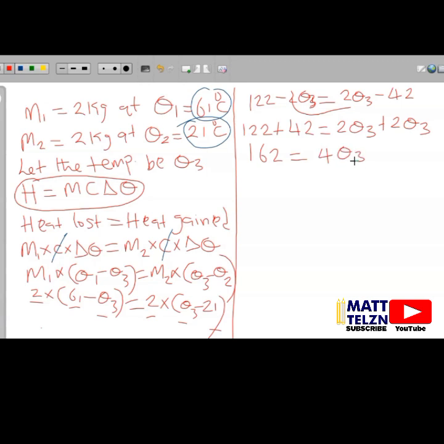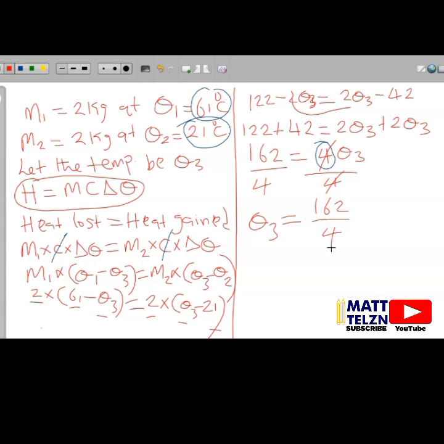The next thing is I'm going to divide both sides by 4. I will divide both sides by the coefficient of theta 3. Okay, so I'm going to have divide by 4, divide by 4. 4 will cancel 4. So my theta 3, I'm going to have 162 divided by 4.